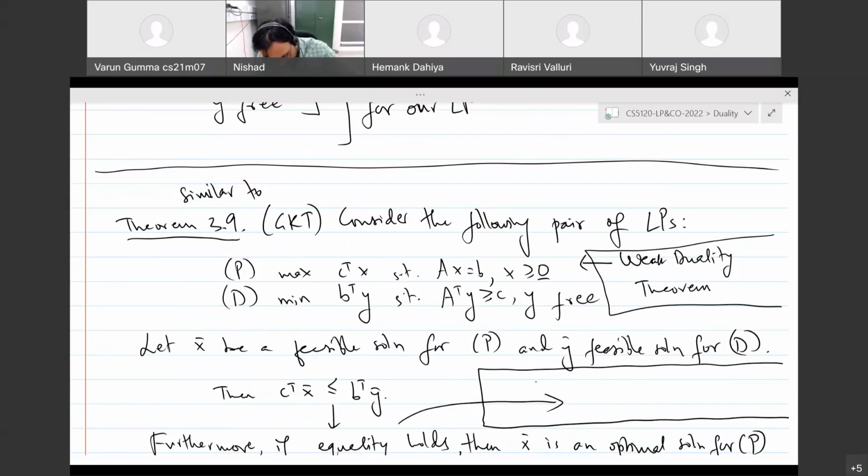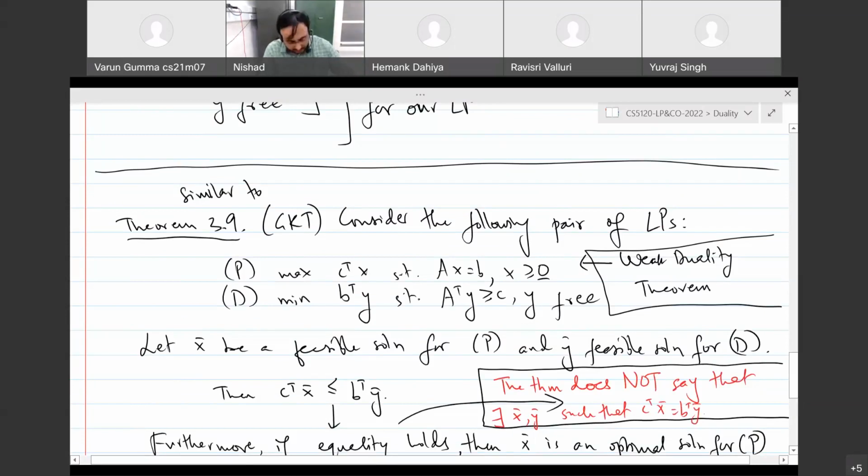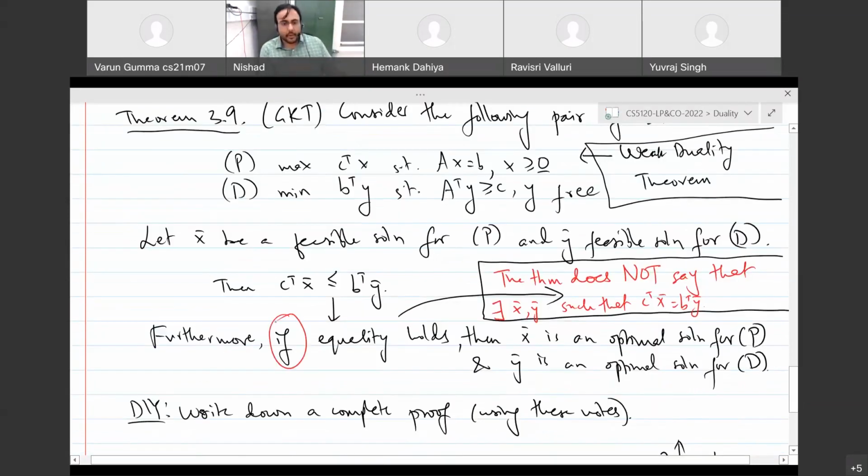The theorem does not say that there exists an x bar and a y bar such that C transpose x bar is equal to B transpose y bar, right? That is why we have an if over here. We don't know that such x bar and y bar will always exist. The fact that they always exist is called the strong duality theorem.